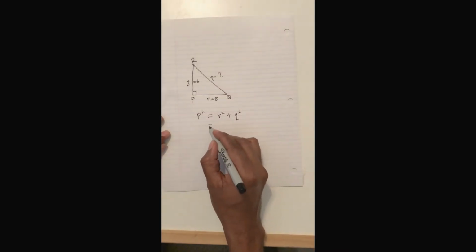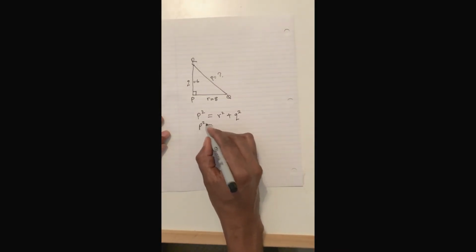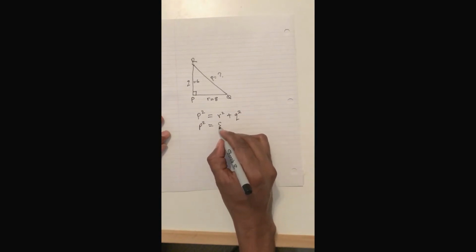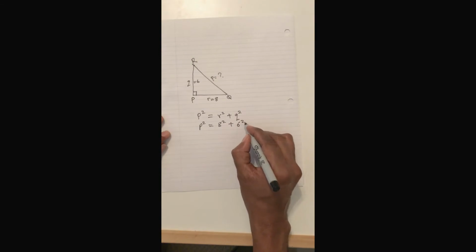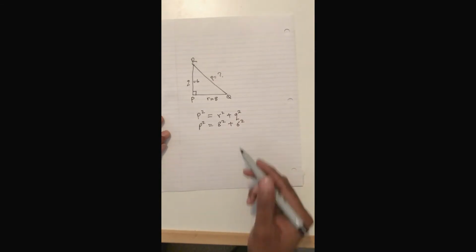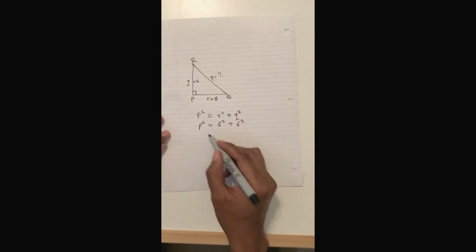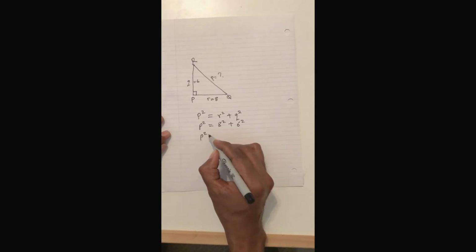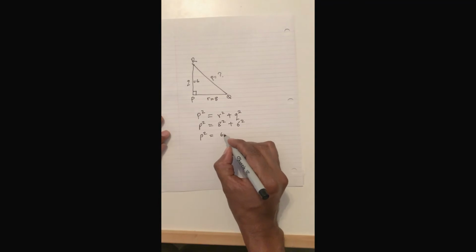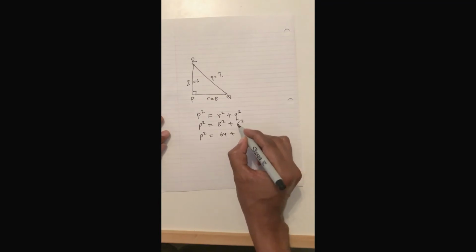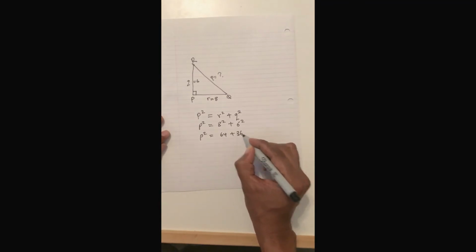In this case, what is r squared? r squared is 8 squared plus, and q is 6, so q squared is 6 squared. So p squared, which is the hypotenuse, is equal to 64 plus 6 squared, which is 36.